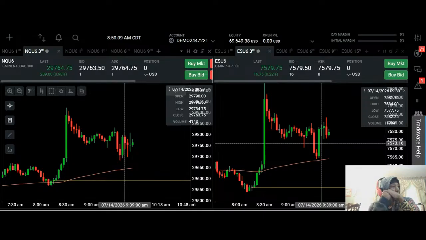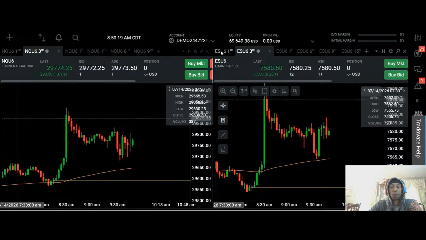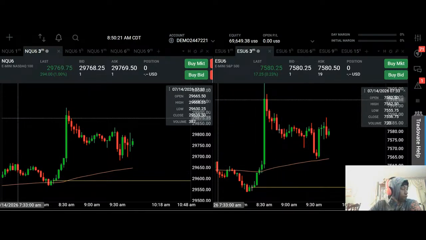Still waiting. We're still waiting. Oh, we might be getting signs of coming down here on NQ, man. Let's see what they want to do. Let's see what they want to do real quick.